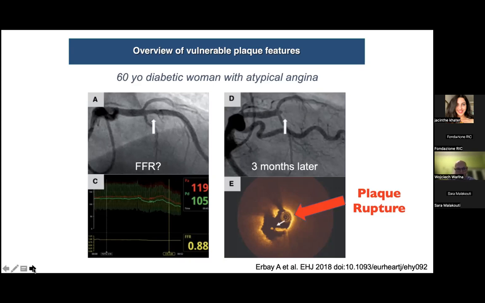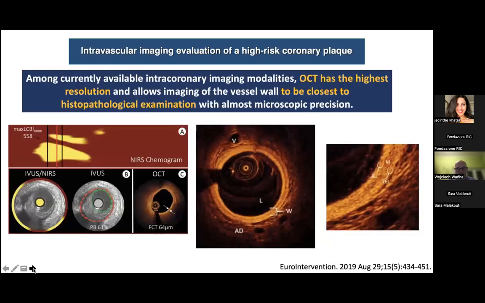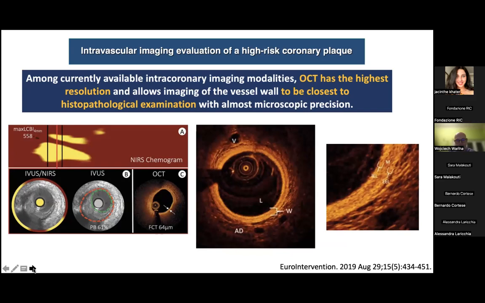So what kind of devices do we have to assess vulnerable plaque? We have IVUS, and we have also OCT. However, among the currently available intracoronary imaging modalities, OCT has the highest resolution and allows imaging of the vessel wall closest to histopathological examination, with almost microscopic precision.